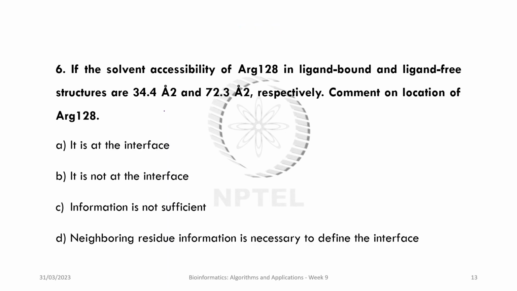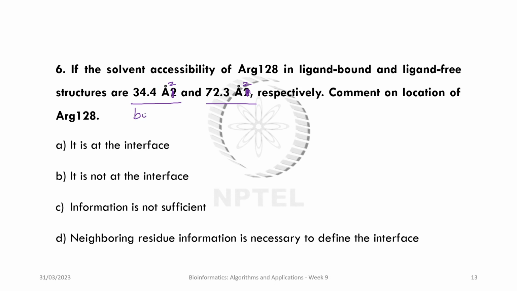Question 6. If the solvent accessibility of arginine 128 in ligand bound and ligand free structures are 34.4 angstrom square and 72.3 angstrom square respectively, comment on the location of arginine 128.